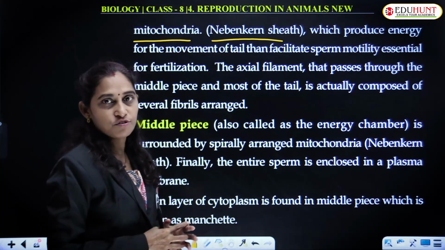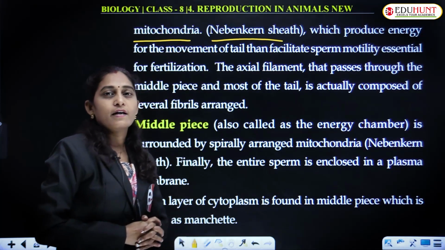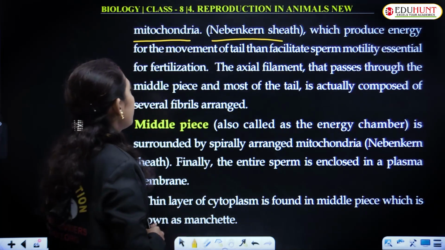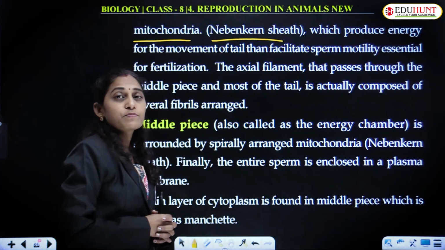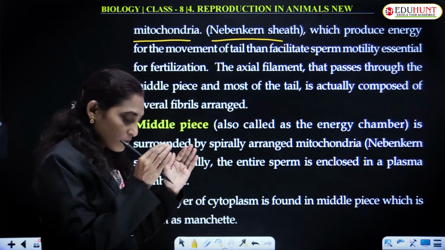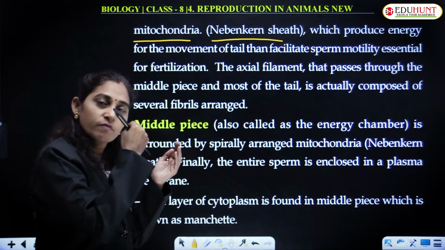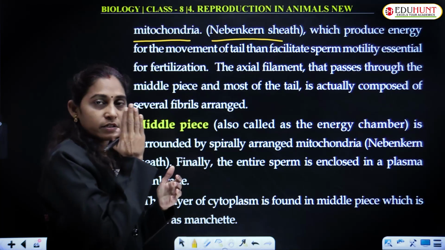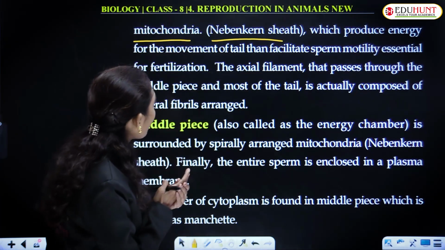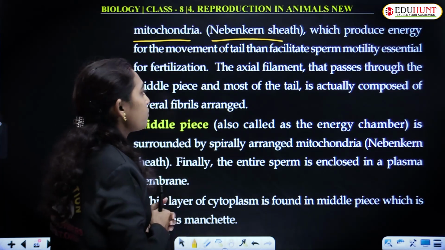The spiral sheath, known as the Nebenkern sheath, produces the energy required for the movement of the tail. And it helps in fertilization because of the movement of the tail, that is the sperm only, because the ovum cannot move. Only the sperm will reach the ovum. So the sperm is provided with some amount of energy by the mitochondria. Mitochondria always produce energy.